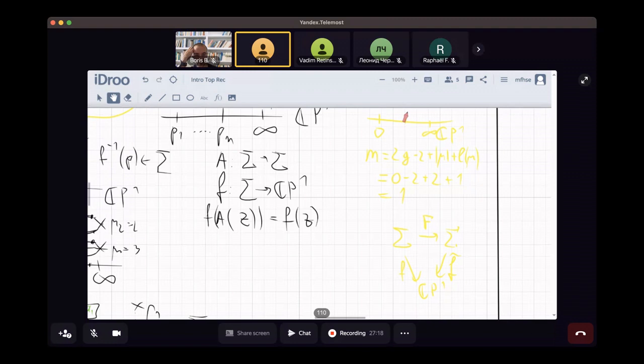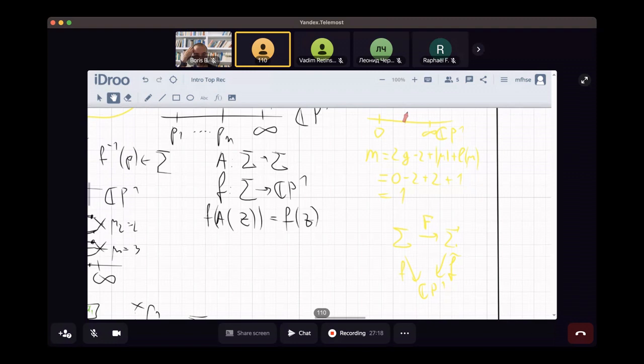And our requirement was that for every point downstairs, apart from a finite number of critical values, the pre-image of a small disk around this point was a disjoint union of disks, where the number of those disks is fixed for all regular points.